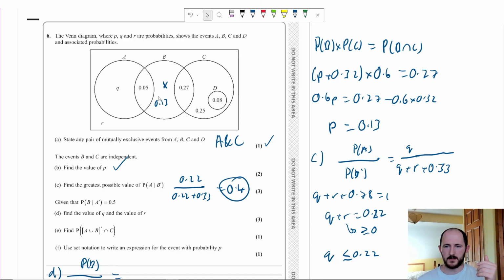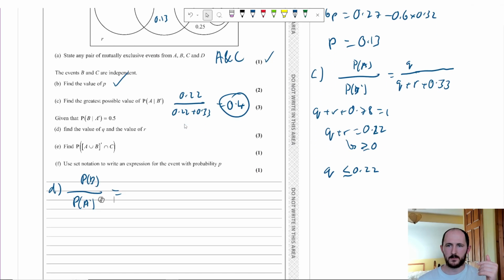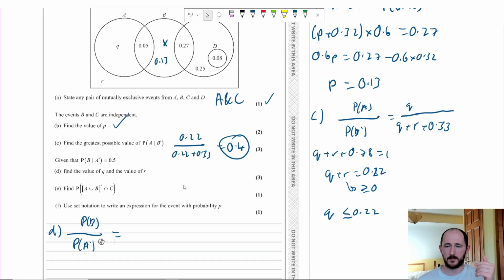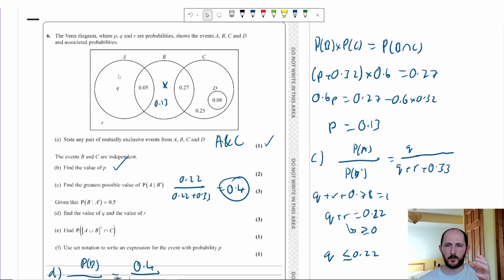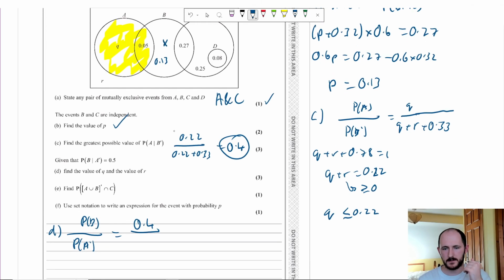So that means we're going to use 0.13 plus 0.27, which is 0.4, over all of the probabilities that aren't in A. So if you'd like, you can just highlight this. You're looking at everything outside of that region, which would be R plus all of that other stuff.